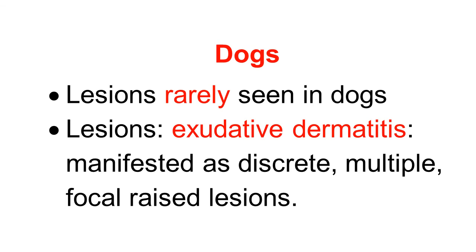There are multiple focal lesions, clearly seen raised over the body. So lesions are discrete, multiple, focal, raised lesions in the form of exudative dermatitis in dogs. Otherwise the disease occurs very rarely.